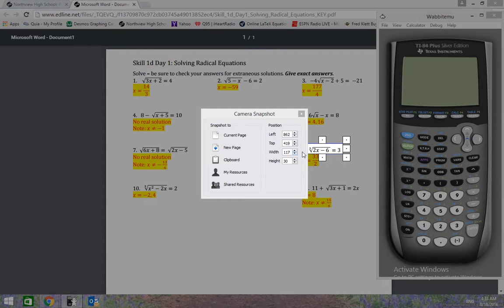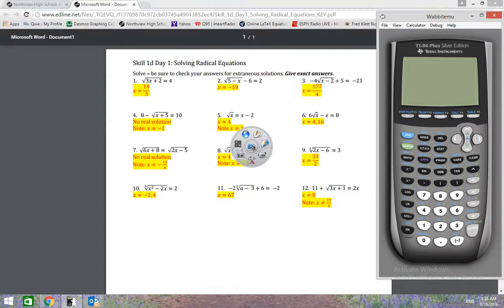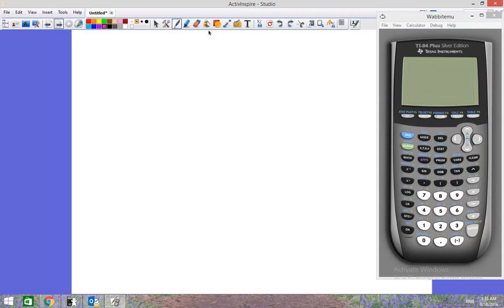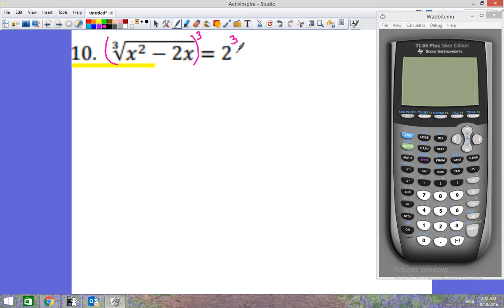Let's come over here. And we see another index of 3 in this one. So again, since it's a cube root, I'll raise it to the third power, and to balance the equation, I do that on each side.